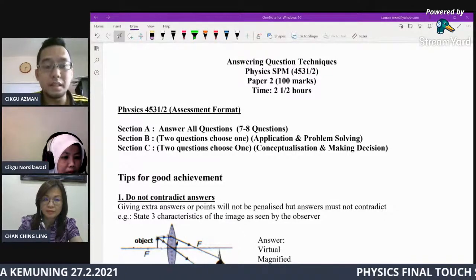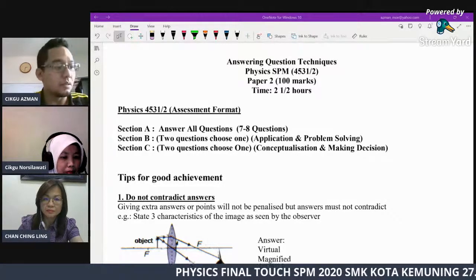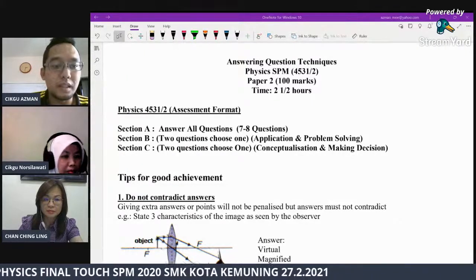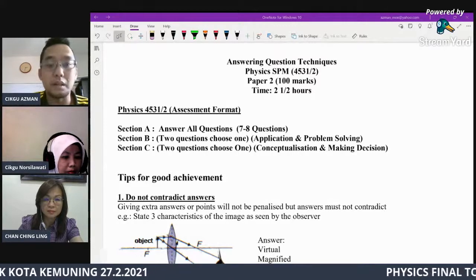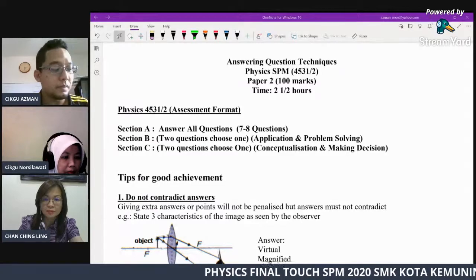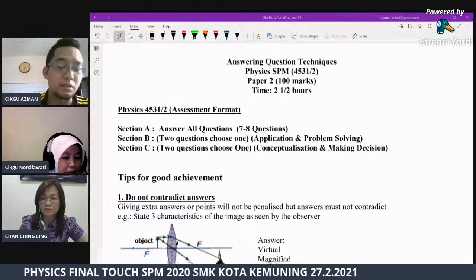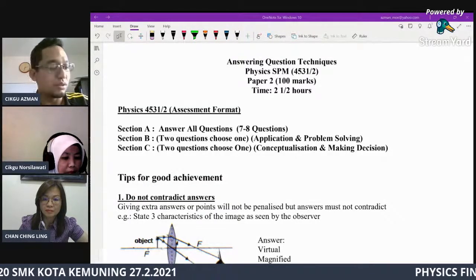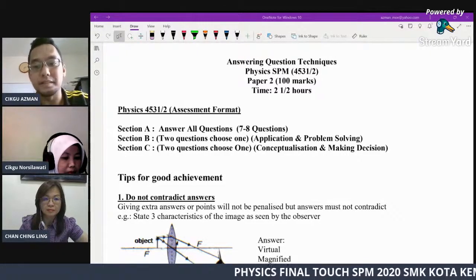Okay, baik. Jadi pada hari ini panitia fizik sama saya Cikgu Azman, Cikgu Nusilawati dan Cikgu Puan Chan, akan menerangkan sedikit mengenai persiapan akhir, teknik juga peringatan, the do and the don'ts in paper 2 and paper 3.